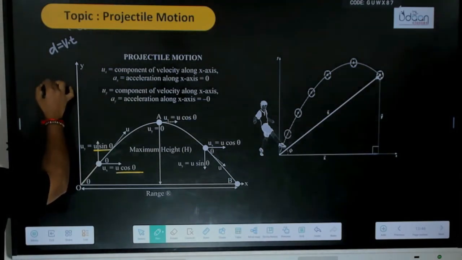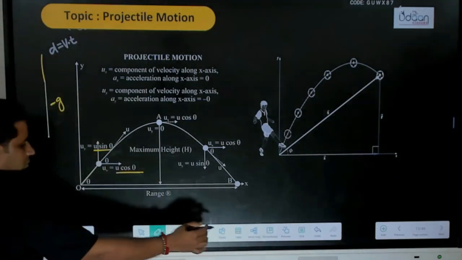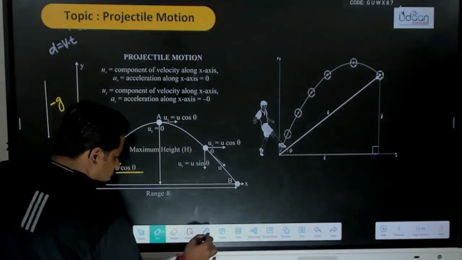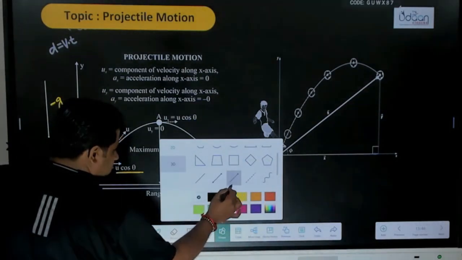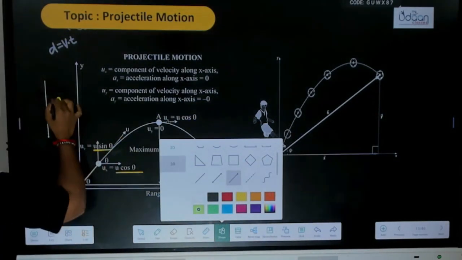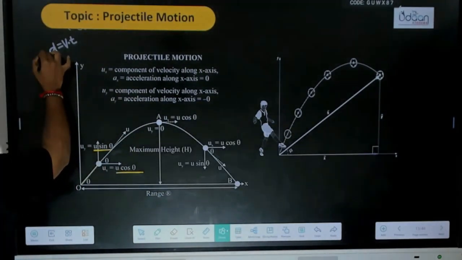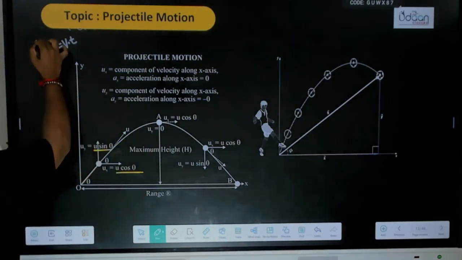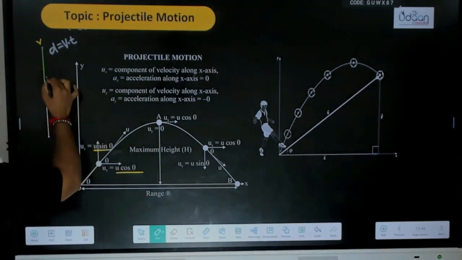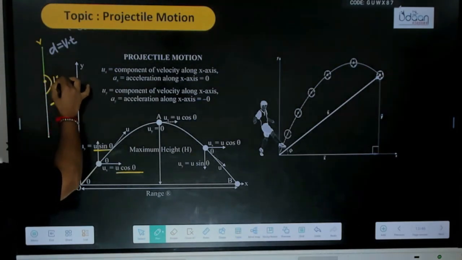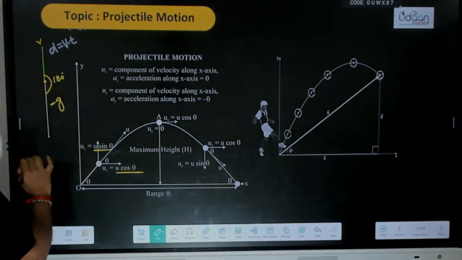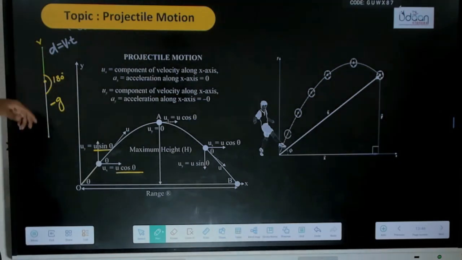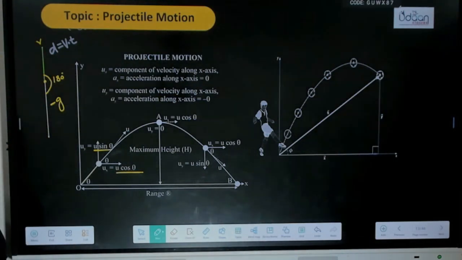Depending upon that condition, if the velocity is in the upward direction like this, then these two vectors are making 180 degrees with each other. So one vector will oppose the other.